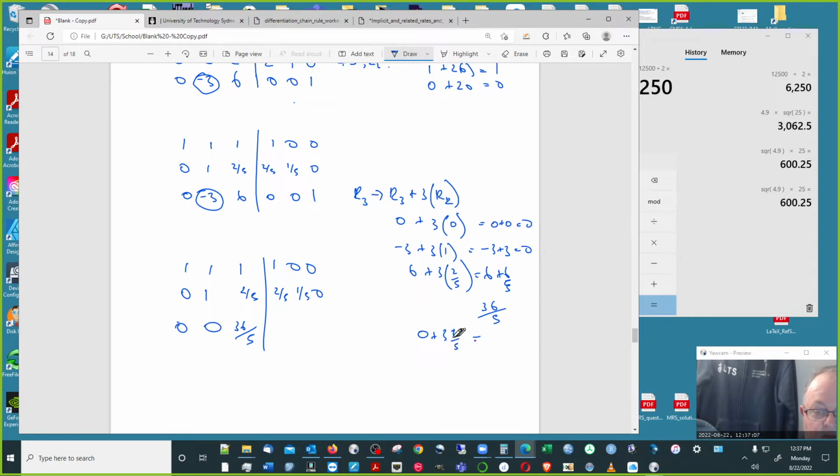So that'll be 6 on 5. 0 plus 3 1/5. That'll be 3/5. And 1 plus 3 noughts will be just 1. Okay, so there's a little bit of work to do to get all of this stuff kind of sorted out.